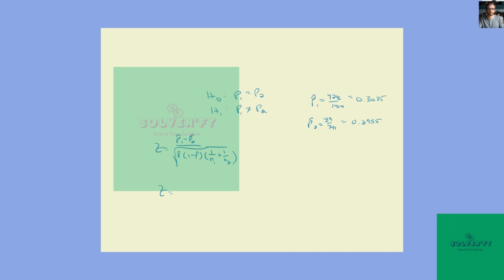So z is going to be 0.3035 minus 0.2955 over the square root, and now we need the pooled, which is going to be the 428 plus 219 over 1410 plus 741.